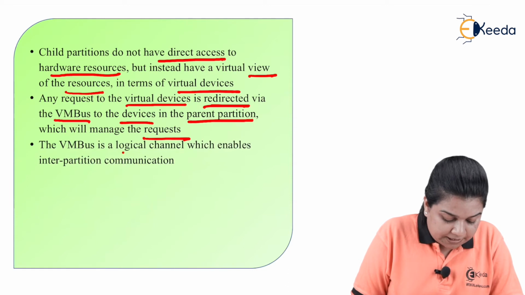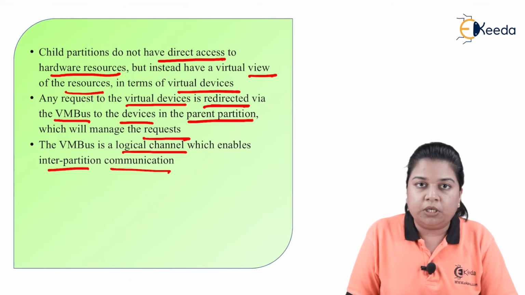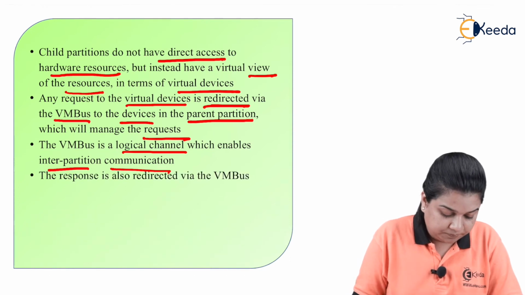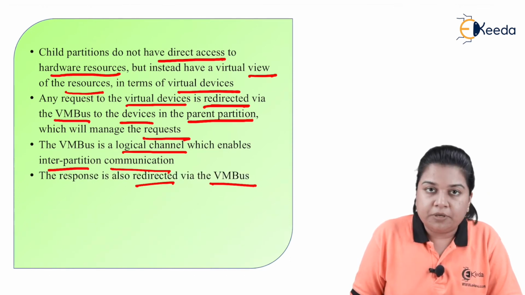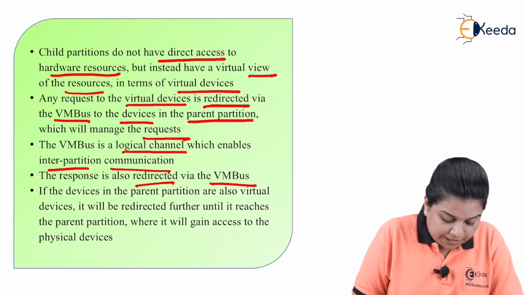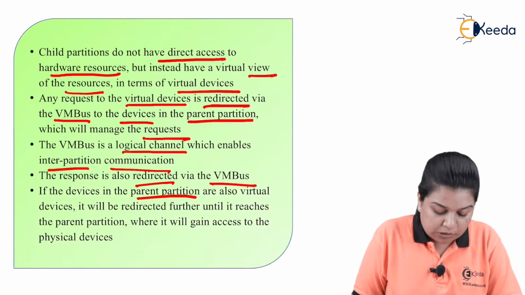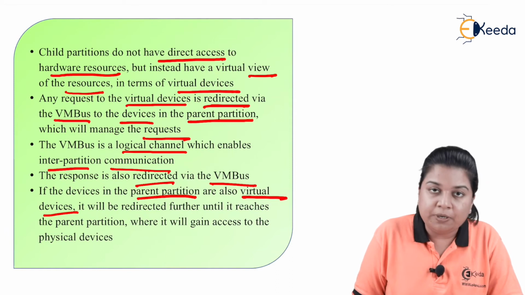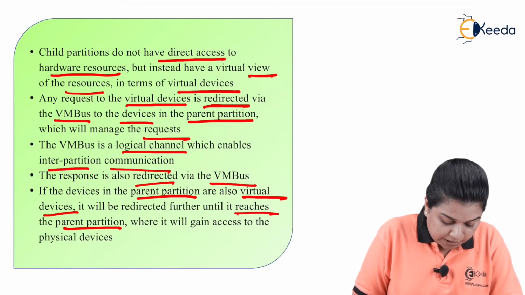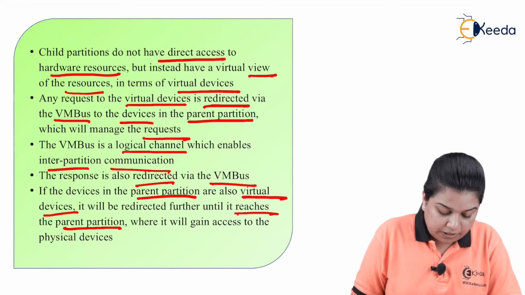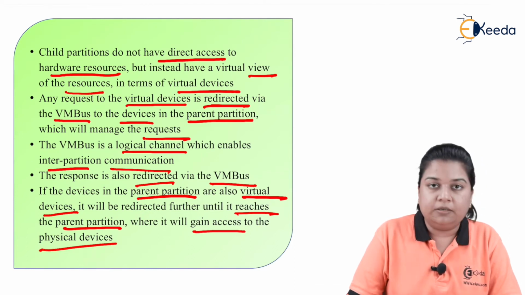The VM bus is a logical channel which enables inter-partition communication. The response is also redirected via the VM bus. If the devices in the parent partition are also virtual devices, it will be redirected further until it reaches the parent partition, where it will gain access to the physical devices.